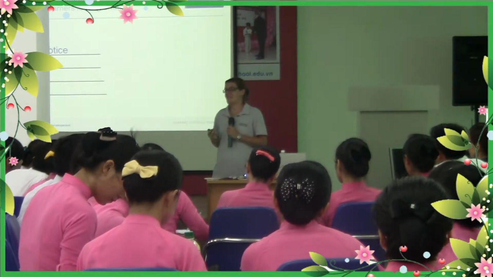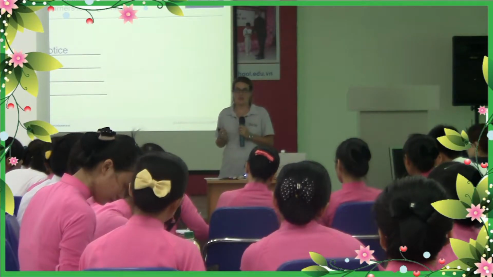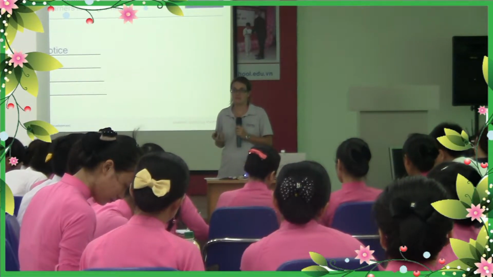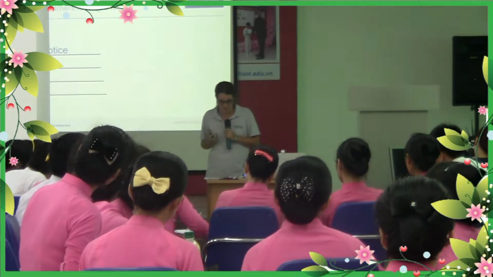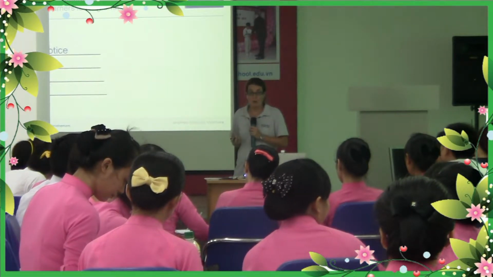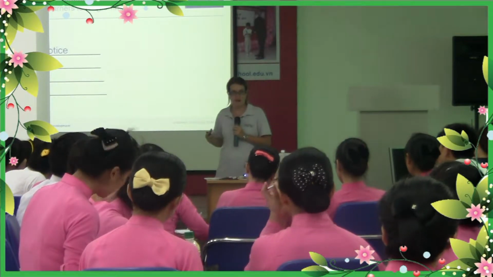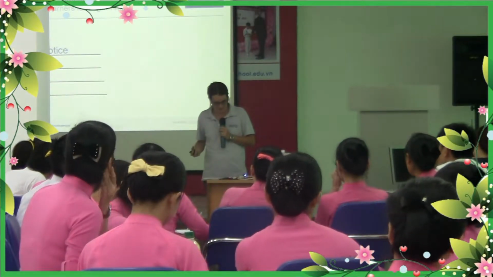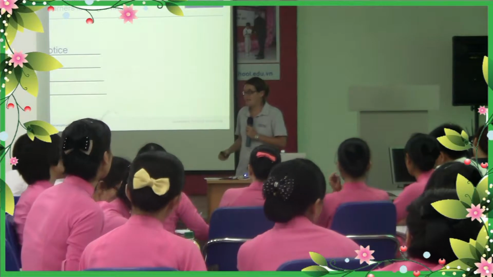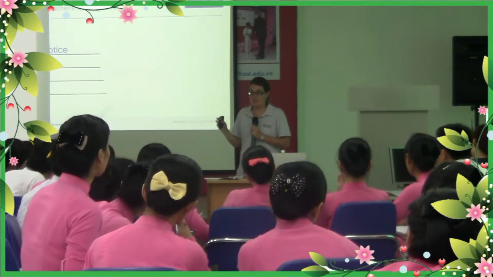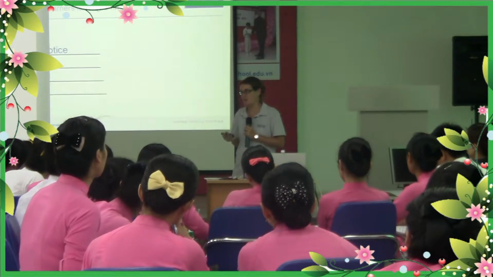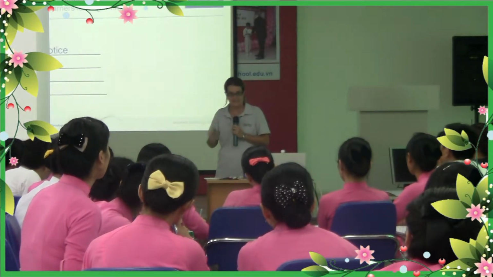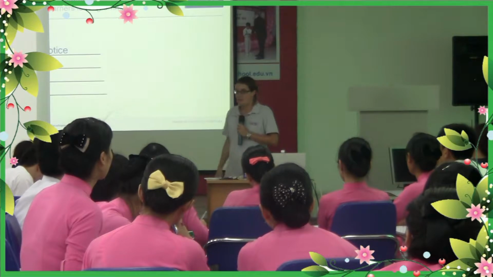We can't expect our students to learn something the first time that they see it. They need lots of opportunities to notice it. They need to be exposed to different grammar points over and over again. Yes, they need to be explicitly taught it, but they also need to notice it in the texts that we give them, be it listening, be it reading. Number 2.